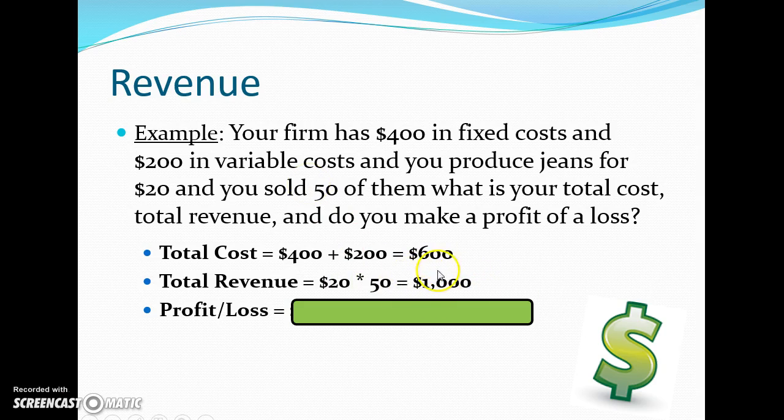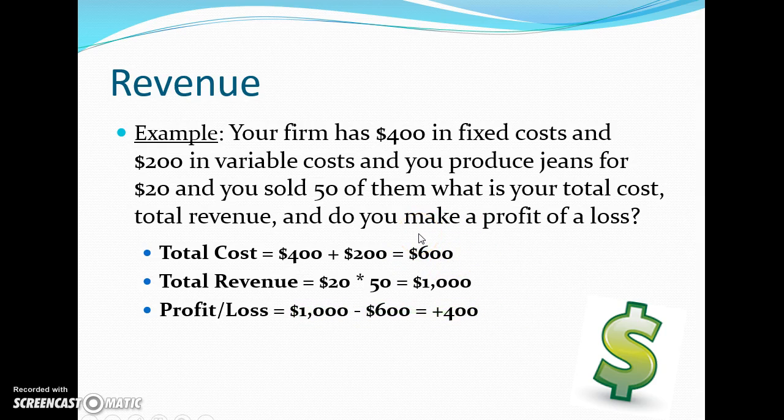Total revenue results in $1,000, okay? Now your profit or loss is total revenue minus total cost. It gives you a positive 400. 1,000 minus 600 gives you positive 400, leaves you with a profit.